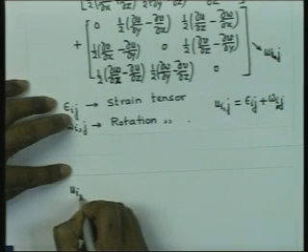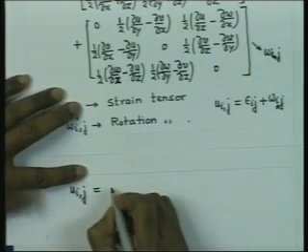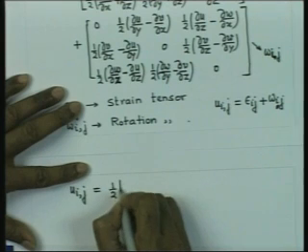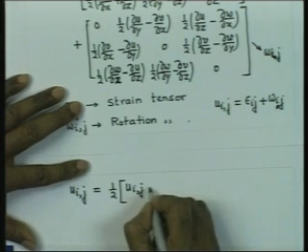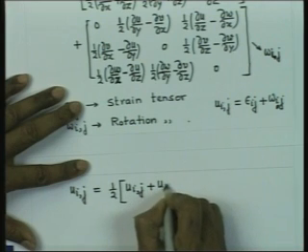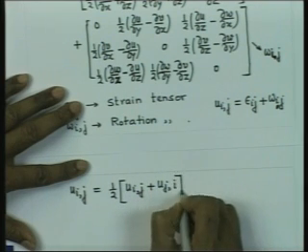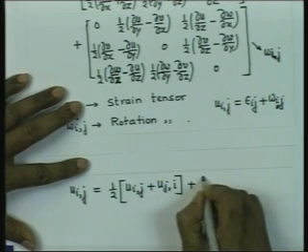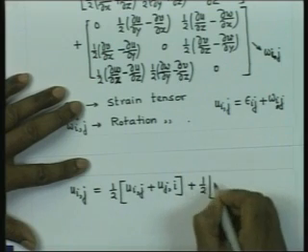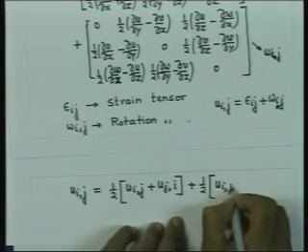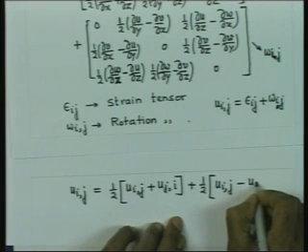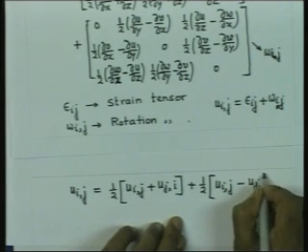Uij is nothing but half of (uij plus uji) plus half of (uij minus uji).